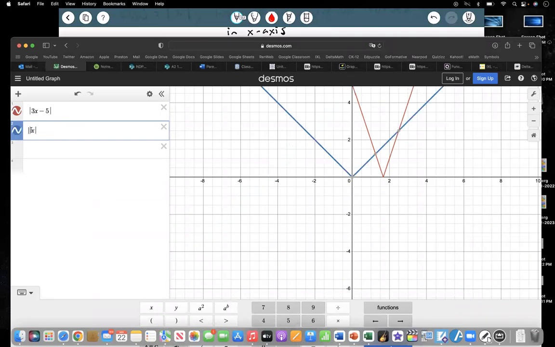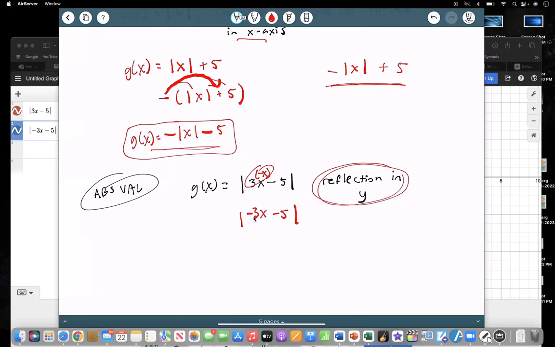If I make it negative 3x minus 5, as you can see, we reflected it across the y-axis like we wanted. So that's what that negative x does. So think of factoring out, since there's a negative in front of the x, if I factor out a negative 1, then it would be 3x plus 5.